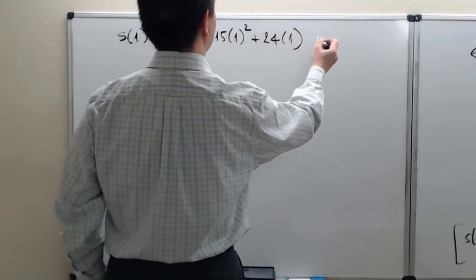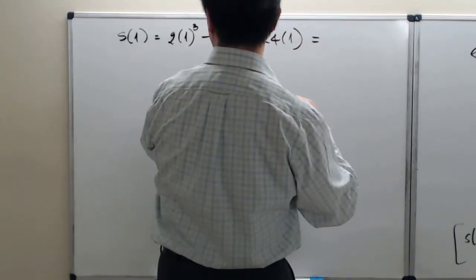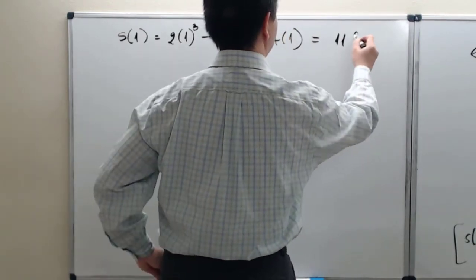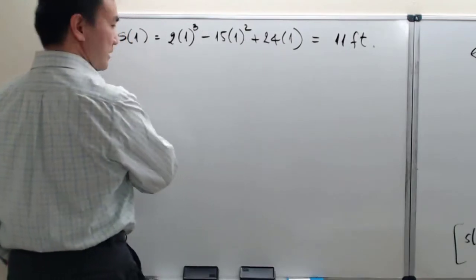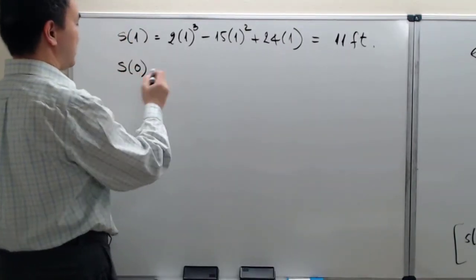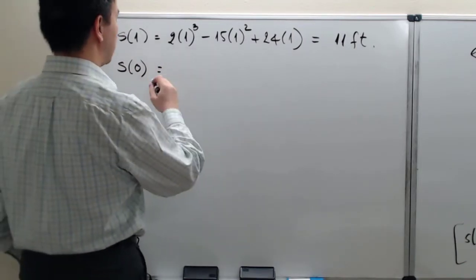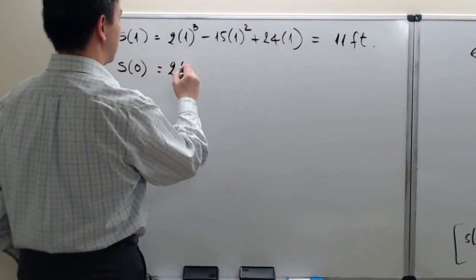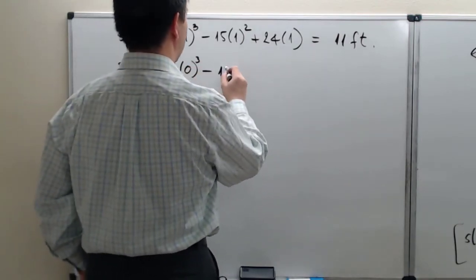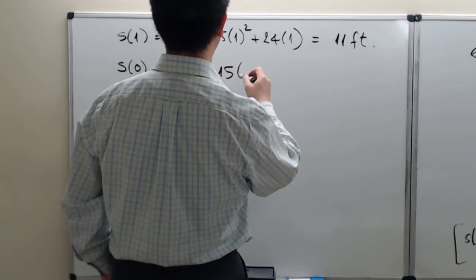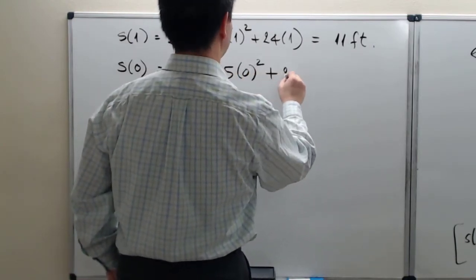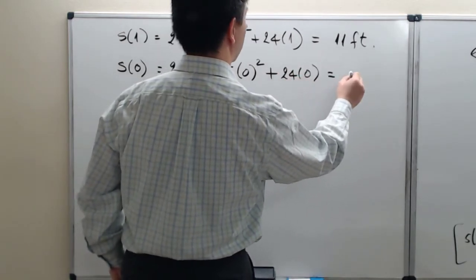My calculation here shows that's 26 minus 15, so 11 feet. And then for any other quantity that I have not calculated, recall that at time 0 we are at 0 cubed, 24 times 0, and that's all, 0 feet.